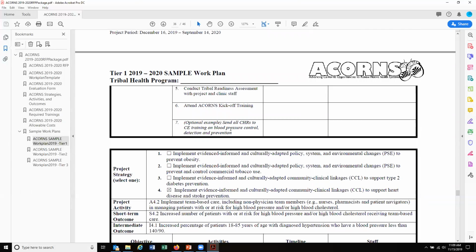But perhaps you're also using some of that money to buy blood pressure cuffs so that you can distribute them, or that you can make them available in different organizations throughout the community to increase access to check and monitor blood pressure. So if that's in your budget, then probably an activity associated with purchasing those things, or the purpose of purchasing those things, is either explained in your application or demonstrated somewhere here on the work plan.